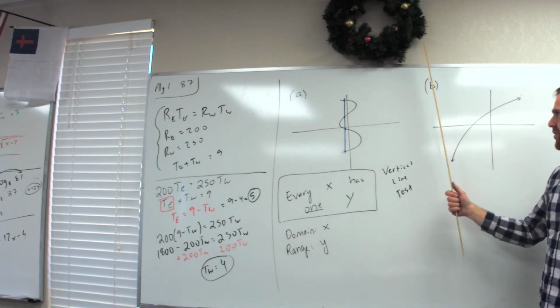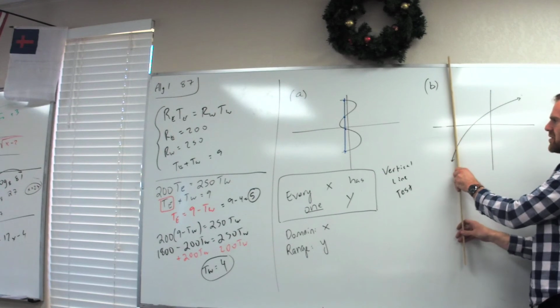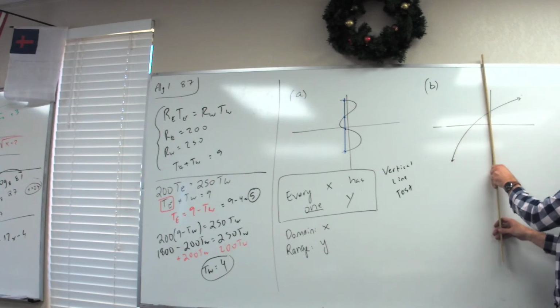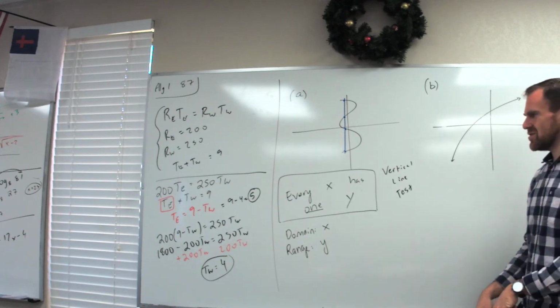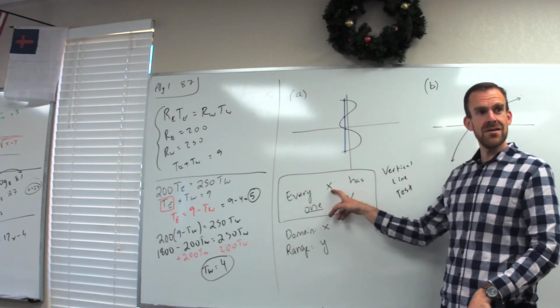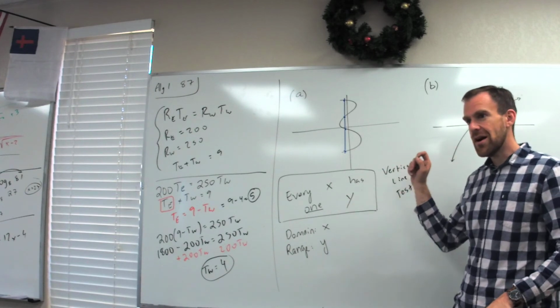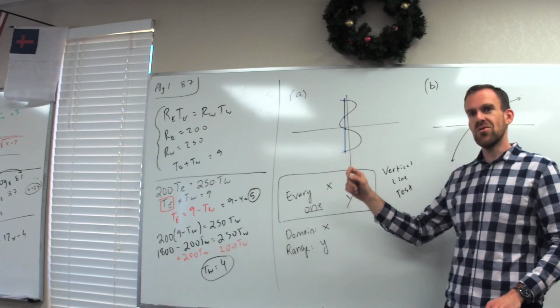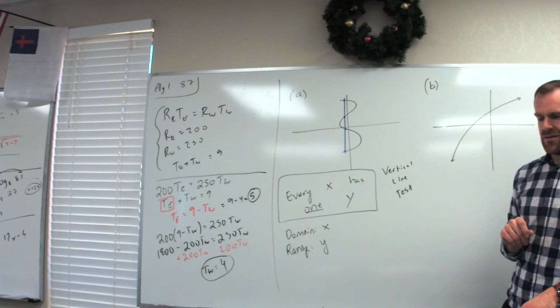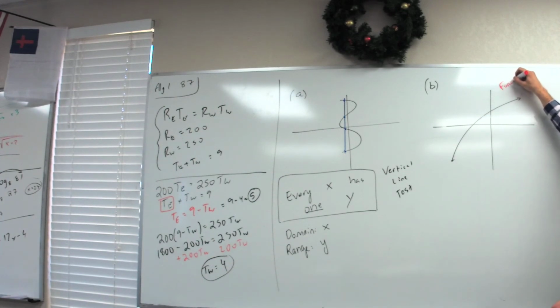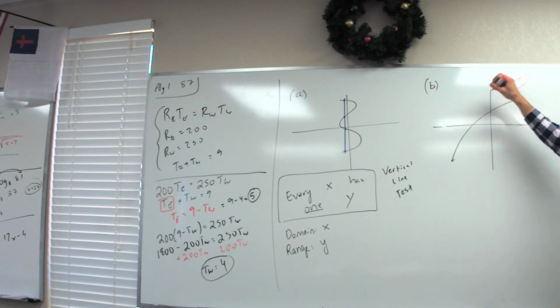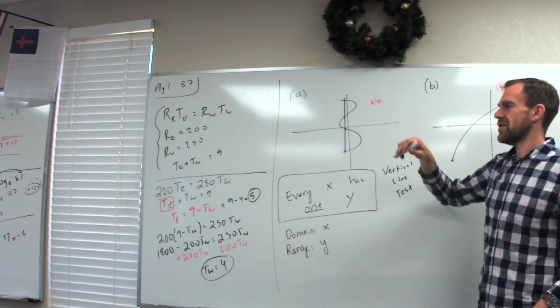Because I can take a vertical line and go across my function, and it will only ever touch once. Okay? Just one time. Now, if it only ever touches once, that means that every x has only one y, or every input has only one output. And therefore, this is a function by our definition.